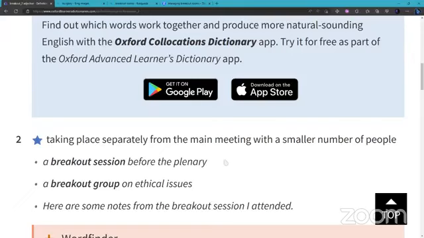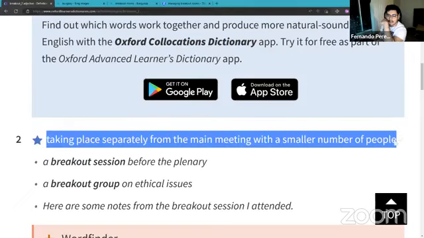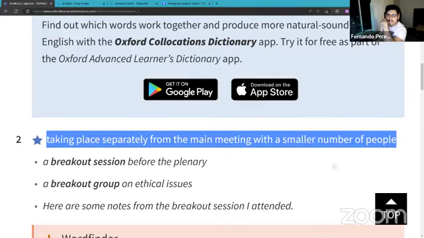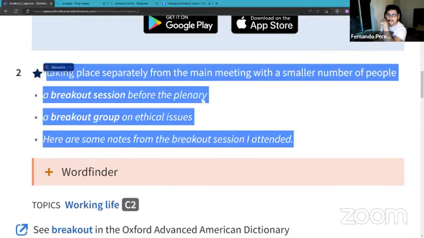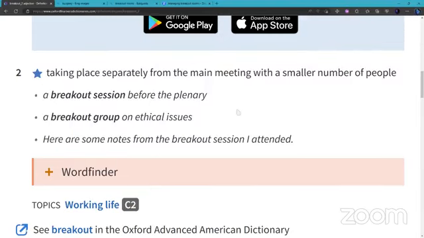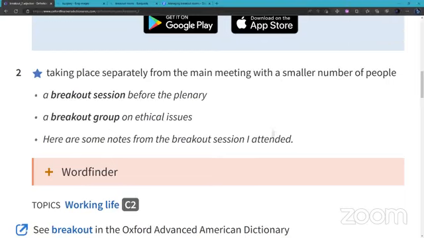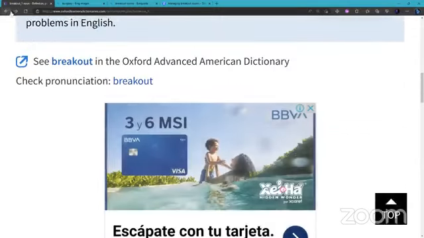We used to use this in the pandemic. Exactly. Taking place separately from the main meeting with a smaller number of people. Oh, wow. Working life. This is pretty new. After the pandemic, this existed. I have never heard that before. And I have my Zoom in Spanish. That's a shame. Turn it to English. Come on, teacher.